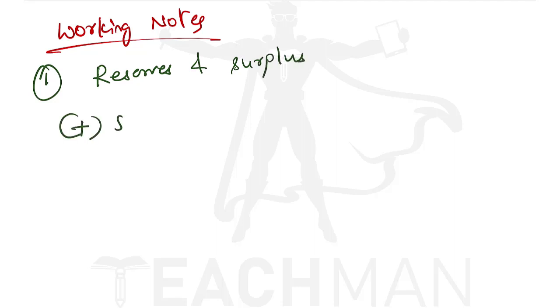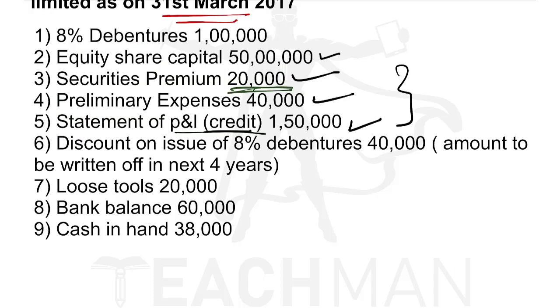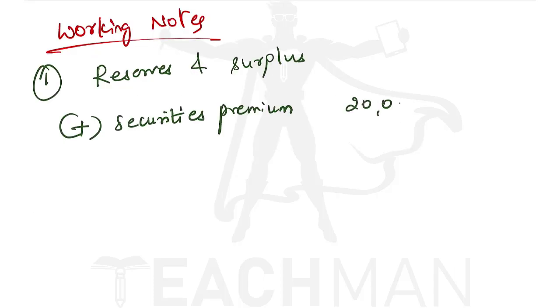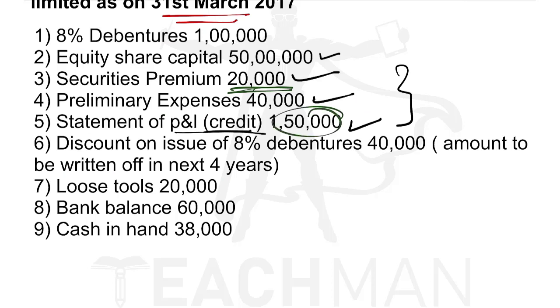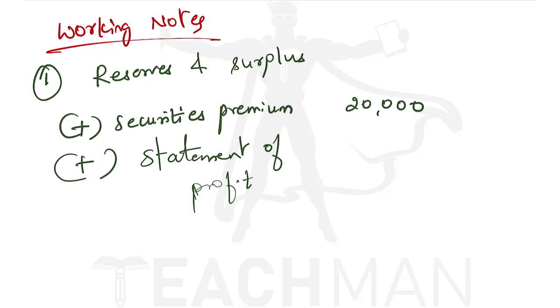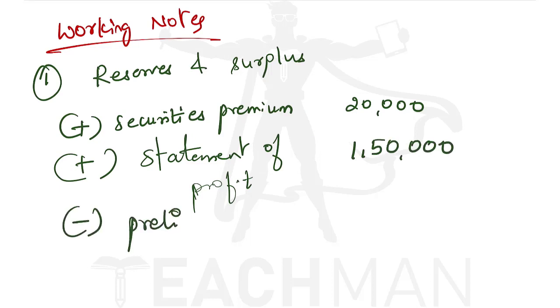So we will add securities premium, that is 20,000. Then we will add profit, statement of profit, that is 1,50,000. Then we will deduct preliminary expenses.